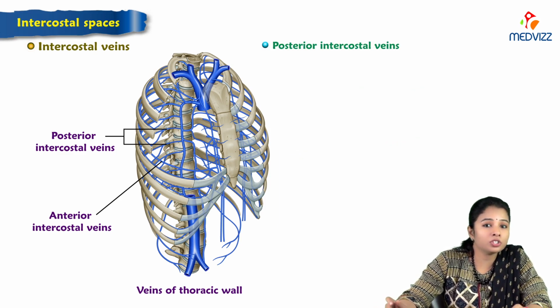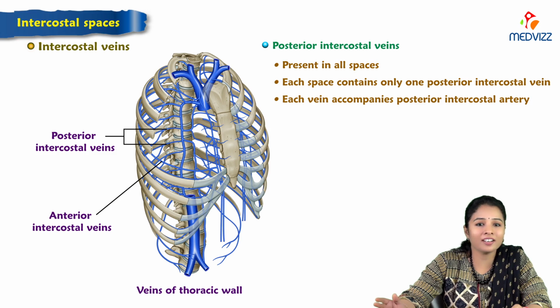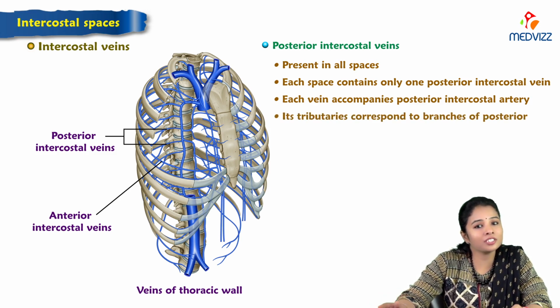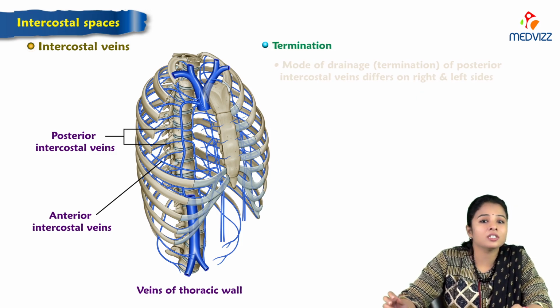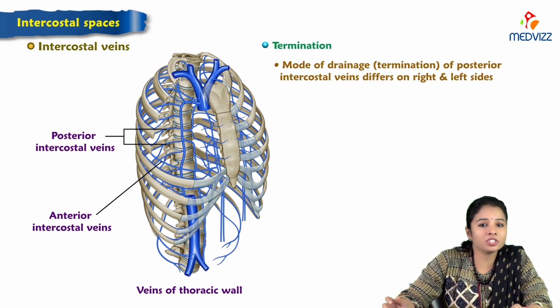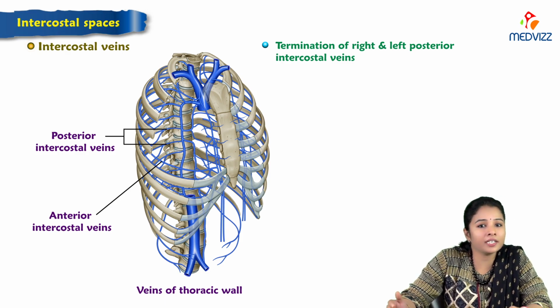Let's talk about the posterior intercostal veins. They are present in all spaces and each space contains only one posterior intercostal vein, just like the posterior intercostal artery, and each vein accompanies the posterior intercostal artery and its tributaries correspond to the branches of the posterior intercostal artery. The mode of drainage of posterior intercostal veins differs on the right and left side.